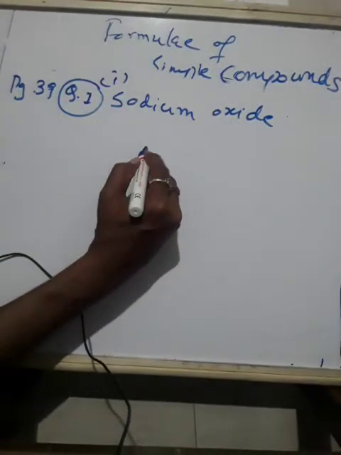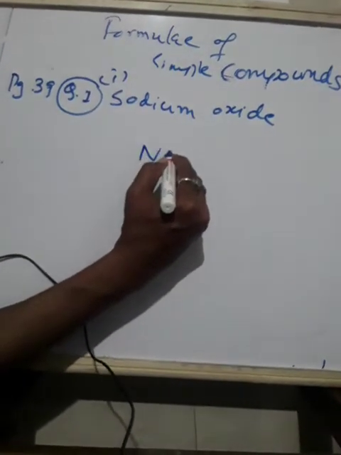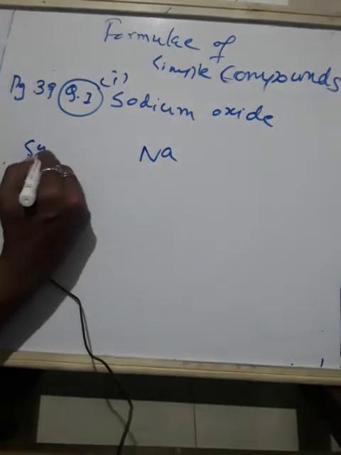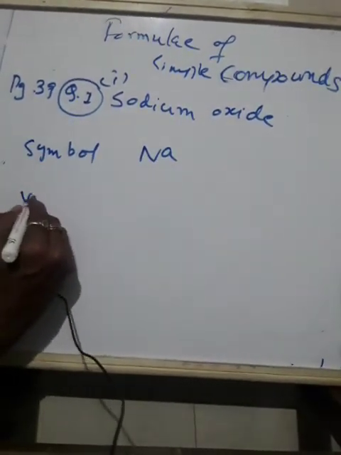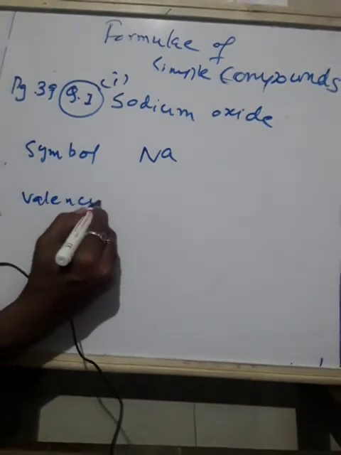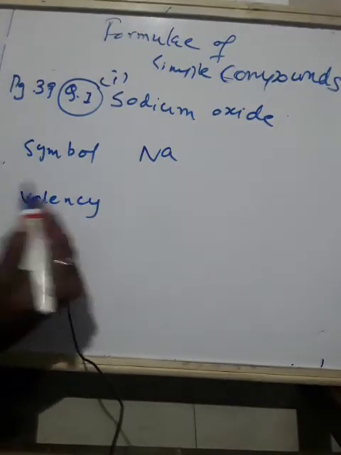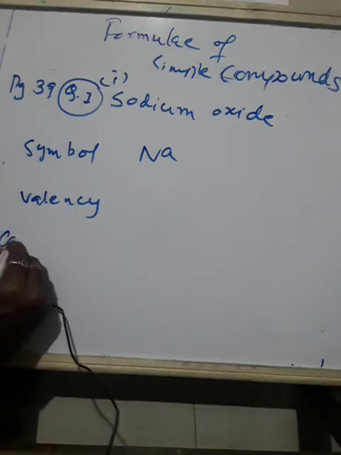Sodium oxide. Then we write sodium. First you write the symbol, and next you write the valency, that is the charge. What charge they contain. Then you write the name of the compound.